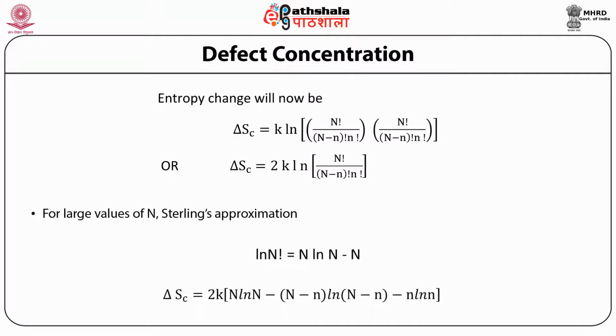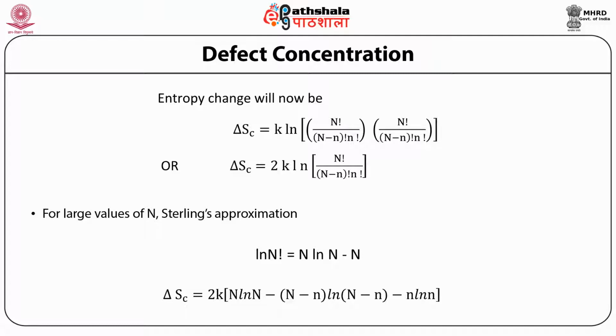So for large values of capital N, Stirling's approximation, that is natural log of n factorial is equal to n ln n minus n, can be applied in the above expression, and the entropy change expression becomes delta Sc is equal to 2k bracket start N ln N. So here ln is the natural log.